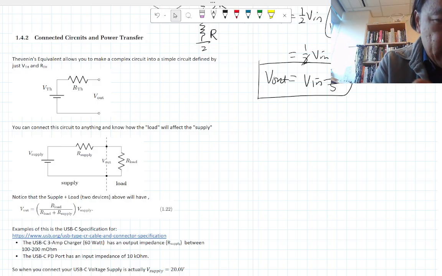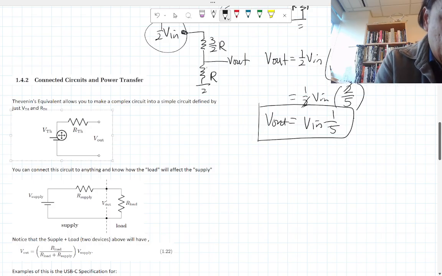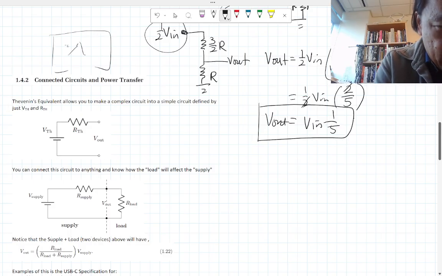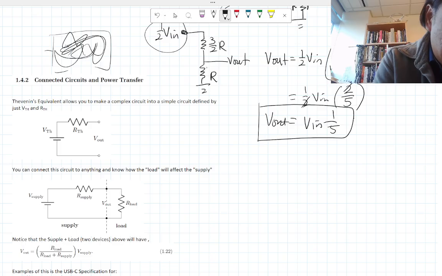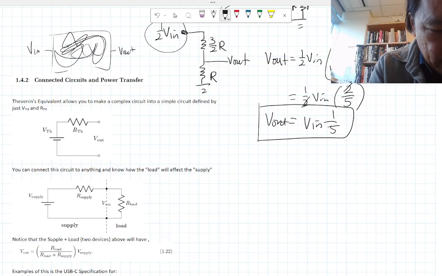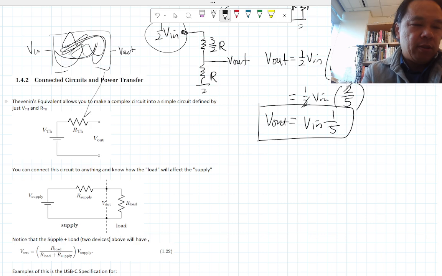If I have some complicated circuit with thousands of components in it, as long as I know there's some input to it, Vn, and then some output, I can basically make this into a Thevenin's equivalent.